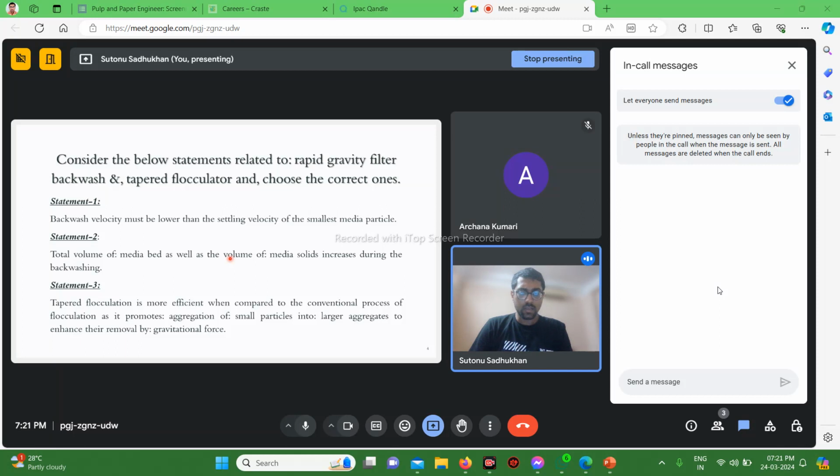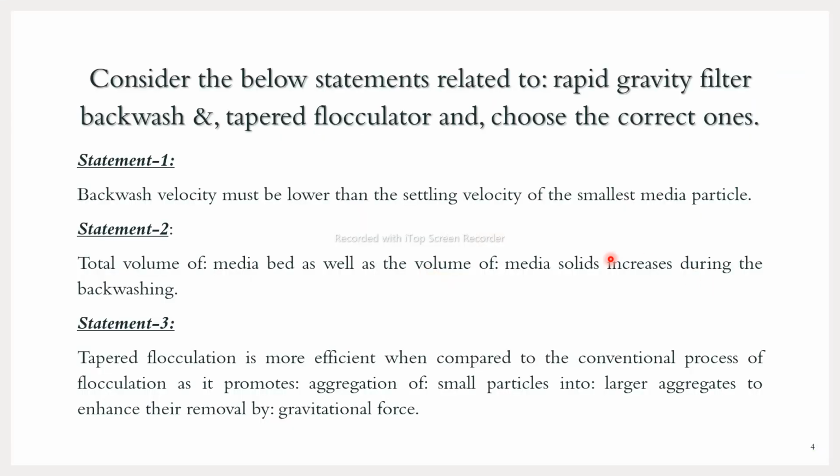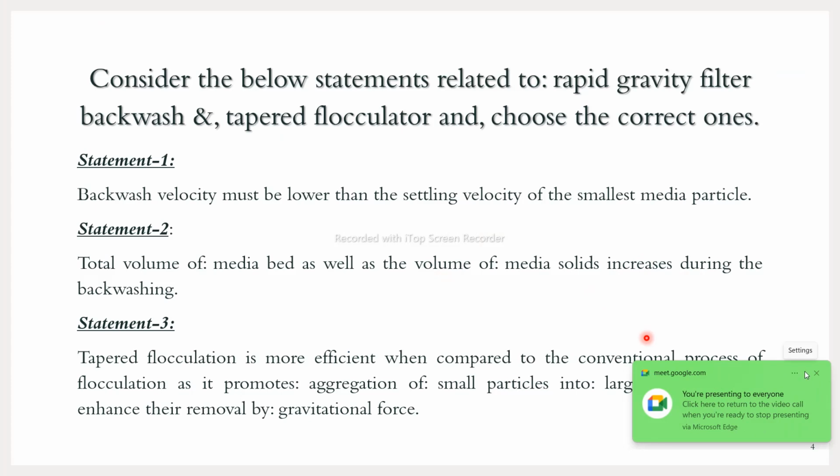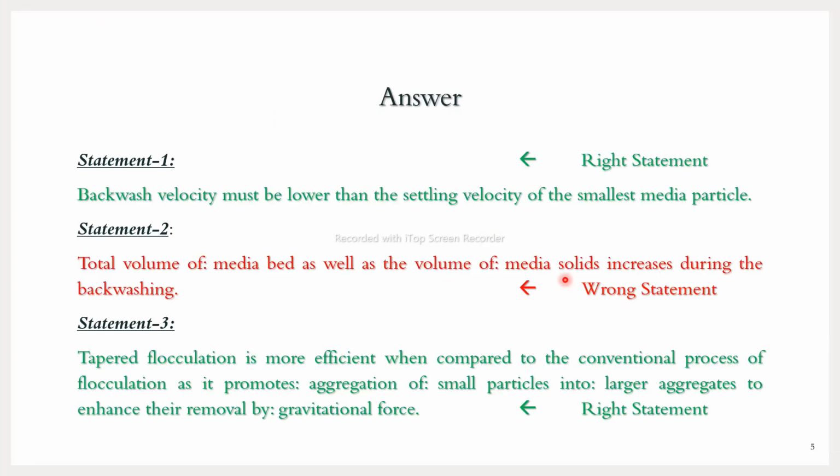I think I should tell the answers, right? Statement 1 and statement 3 are correct, and statement 2 is the wrong statement. Why? Statement 1 says backwash velocity must be lower than the settling velocity of the smallest media particle. If in a filter media the backwash velocity is greater than the settling velocity, then what happens?